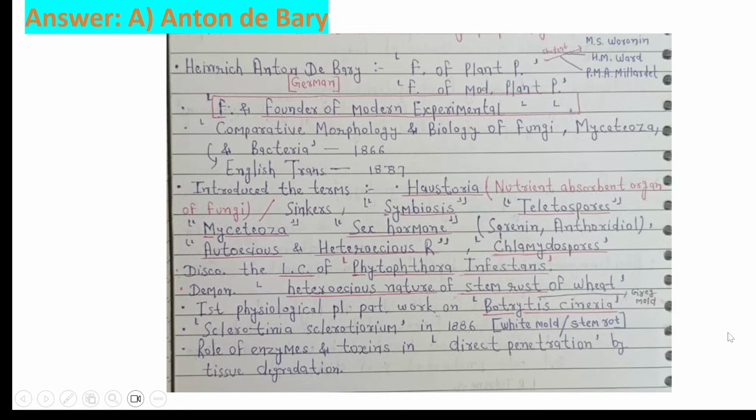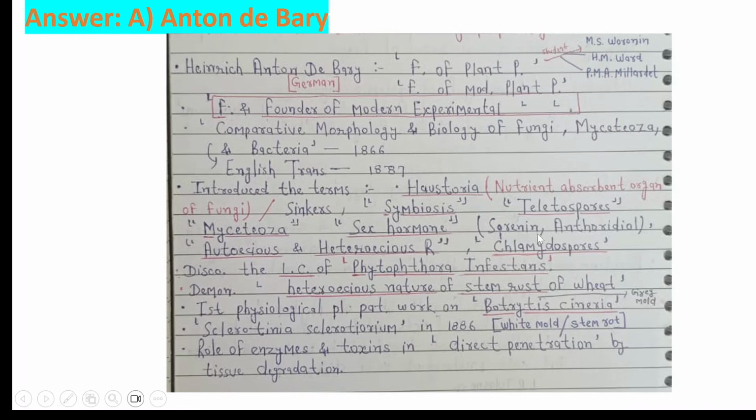Then why is Heinrich Anton de Bary the father of modern plant pathology? Because he found the life cycle of Phytophthora infestans, the disease behind the Irish potato famine, the decline of the potato crop, when 40 to 50 lakh people died of hunger.